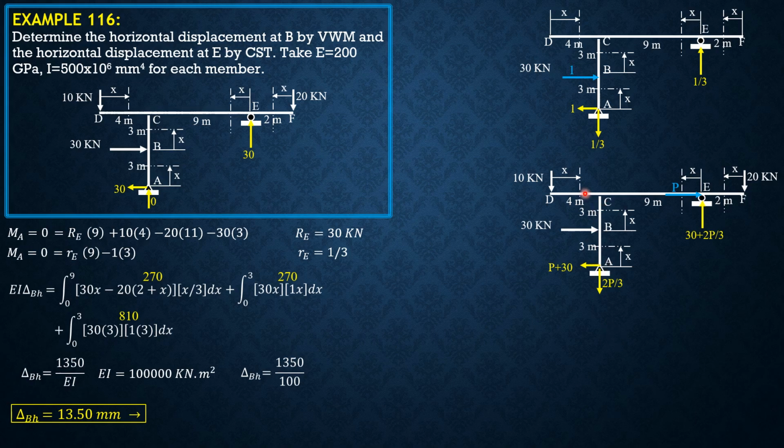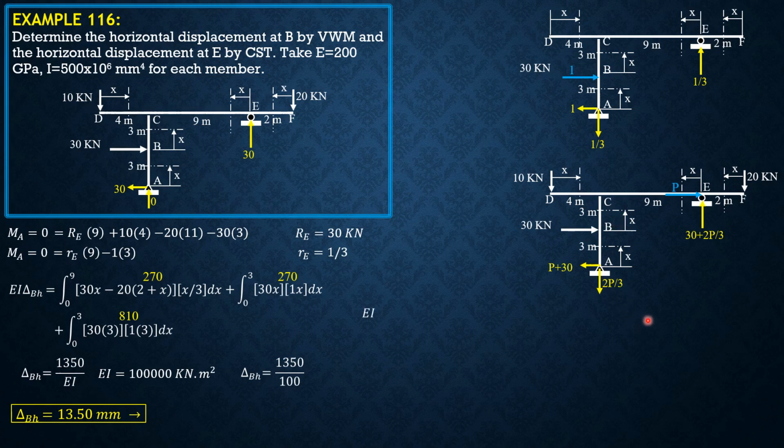So again, the moment at this section is negative 10x. It is not a function of P, so therefore 0. The moment here is 20x, but it's not a function of P, so the moment is 0. So we again consider these three sections here.